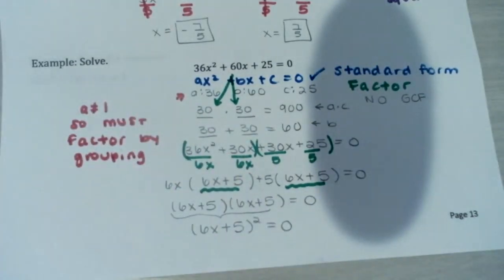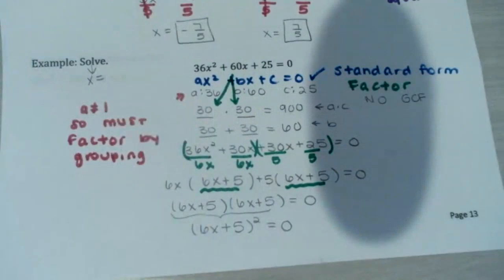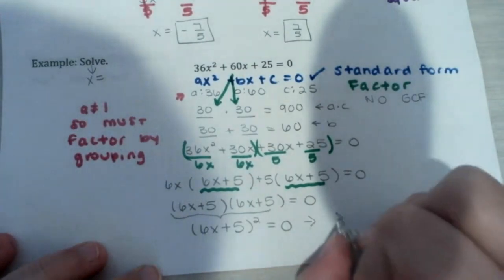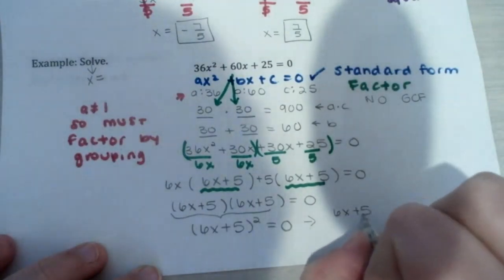So essentially, now we need to keep going and solving. We need to try to get x by itself. We need to try to get x equals. It's the same factor twice, so it's going to give us the same answer twice. So I only have to do it one time. So let's go ahead and say 6x plus 5 equals 0.